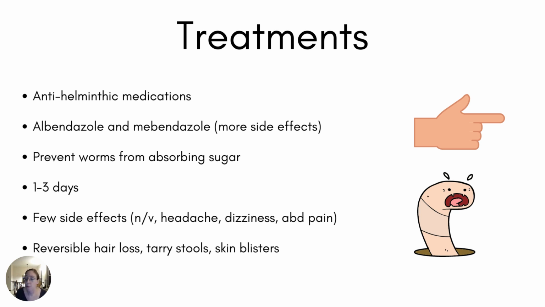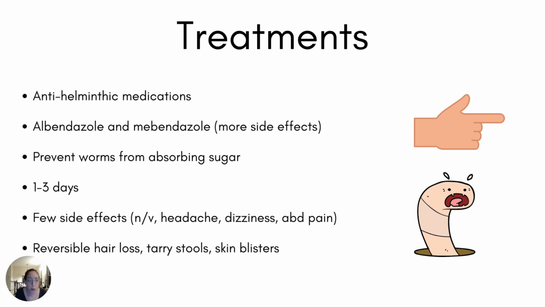Mebendazole tends to have more side effects. The way that these medications work is that they prevent the worms from absorbing sugar. And so the worms sort of release their habitats. They are then expelled either upwards through vomiting or downwards through stool.